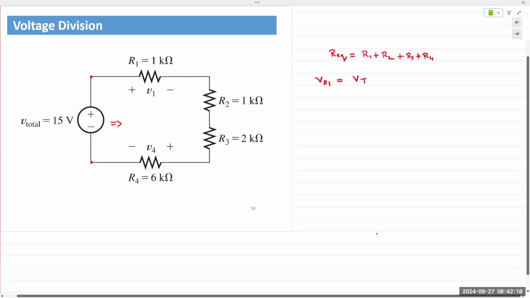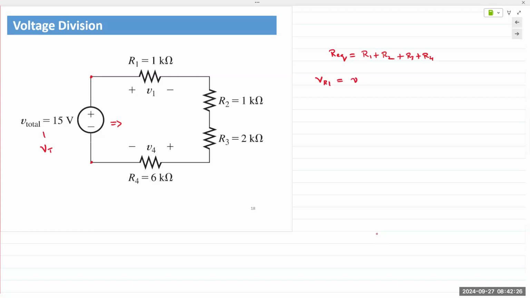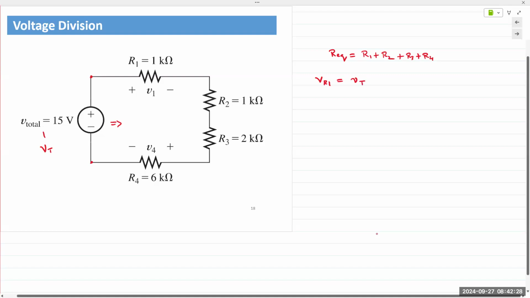I'm just going to write VT. Okay, VT. And a fraction is given by the ratio of the resistance to Req. Okay.